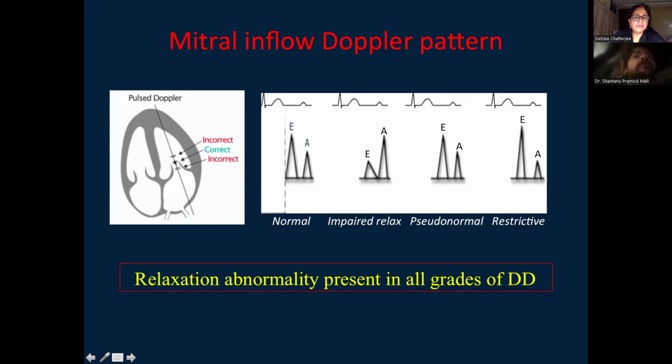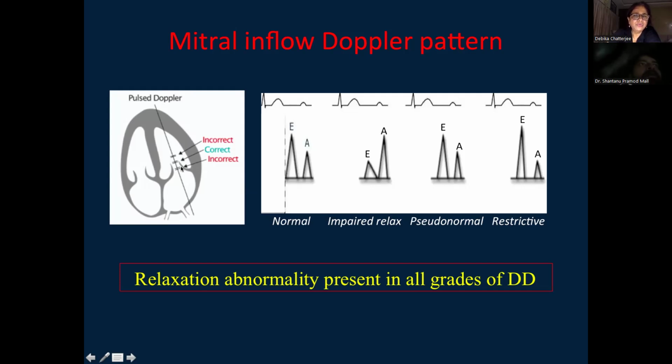We place the sample volume at the level of the tip of the mitral valve leaflets, not inside the left atrium, not inside the left ventricle. You will get wrong information. We keep the sample volume at the level of the tip of the mitral valve leaflets in their open condition.